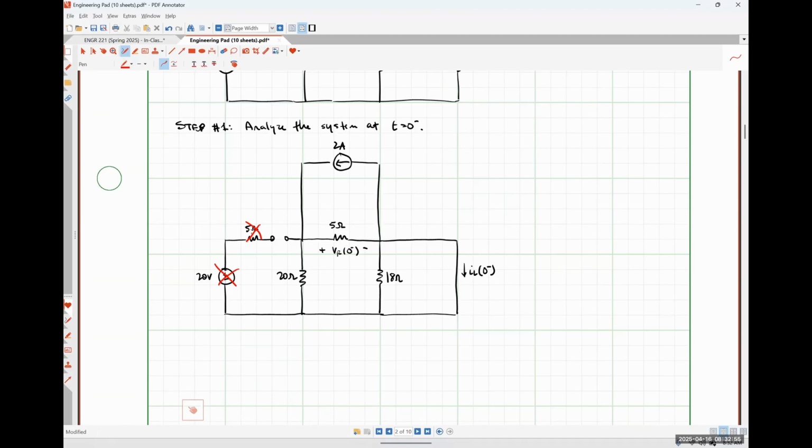We can do current division. Just to make sure everybody sees why we can do current division, I'm going to identify our nodes here. So I've got this node right here.